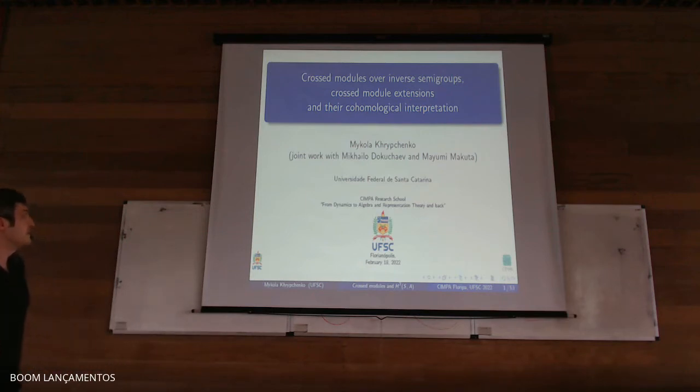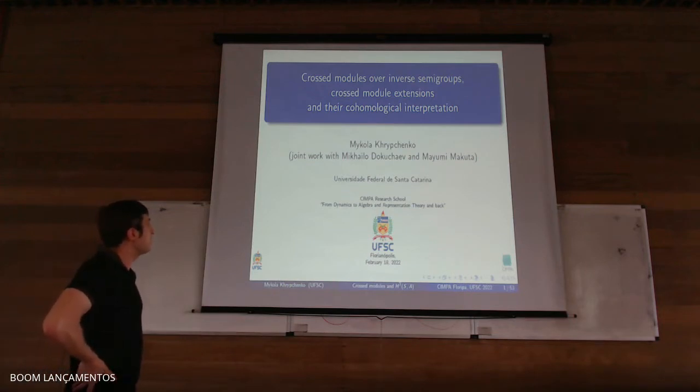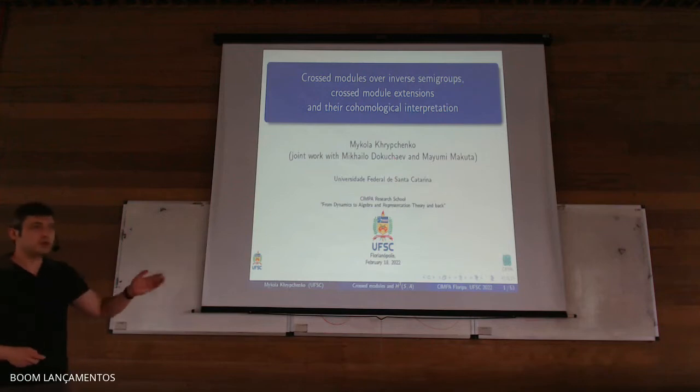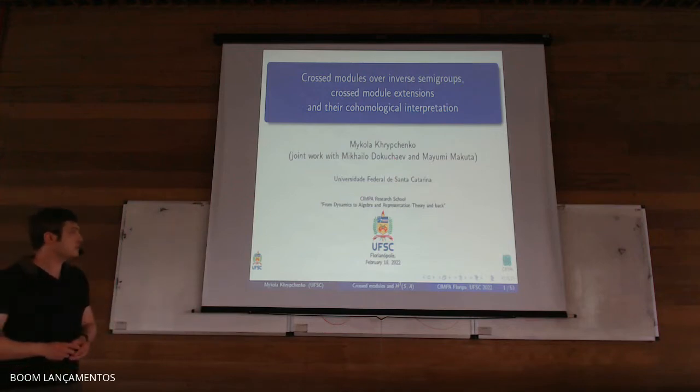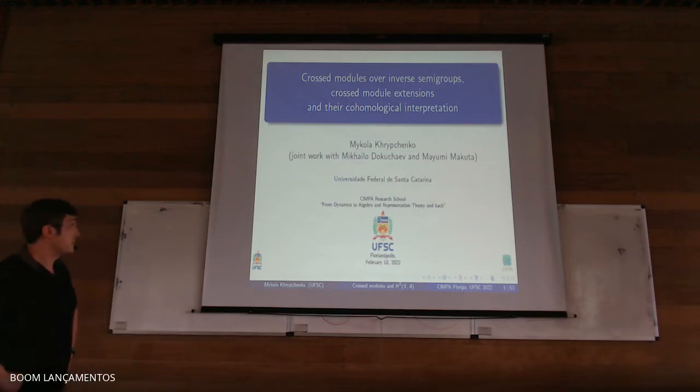This is a joint work with Mikhailo Dokuchaev and Mayumi Makuta from the University of São Paulo. The original idea behind this work was trying to find another interpretation of the third partial cohomology group of a group in the context of cross modules.